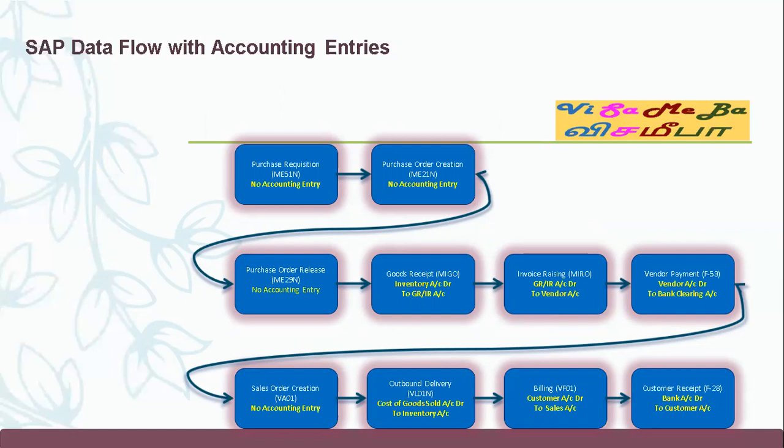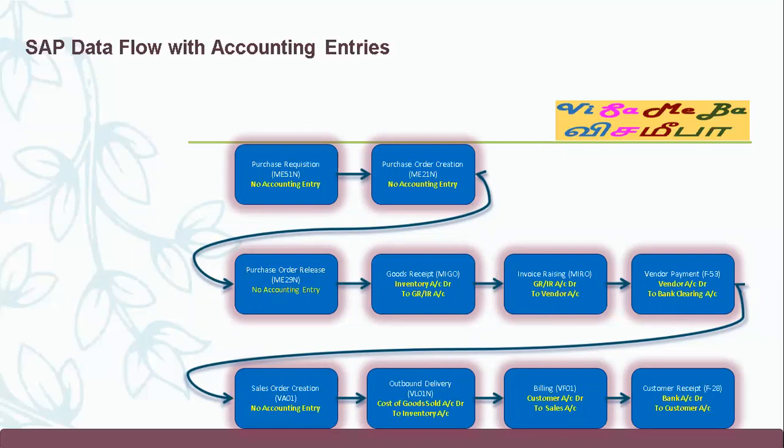So in this screen, we can see the accounting entries for whatever I've just explained. So first, a purchase requisition goes out to the vendor asking for him to supply raw materials. There is no accounting entry for that.